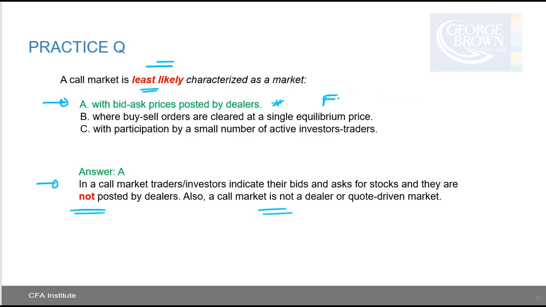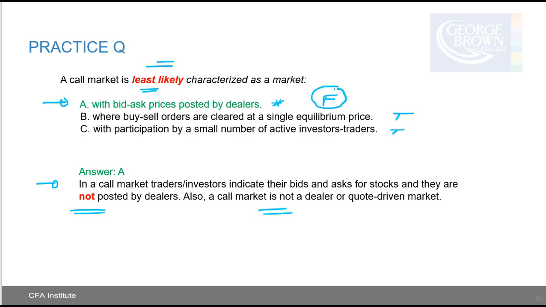Anyhow, what I wanted to show you is that if you come across a least likely type question, you're looking for the false. A call market is characterized where buy and sell orders are cleared at a single equilibrium price. That's true. A call market is characterized as a market with participation by a small number of active traders and investors. That's true, because they come together at one time, so it's a smaller number of active traders and investors. A call market is a market with bid and ask prices posted by dealers. No, that's the false.